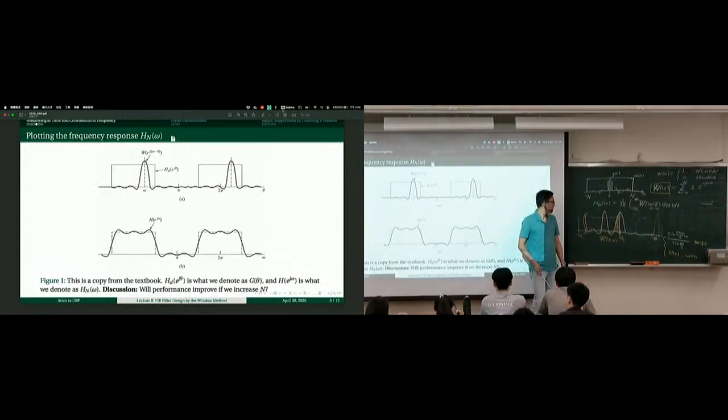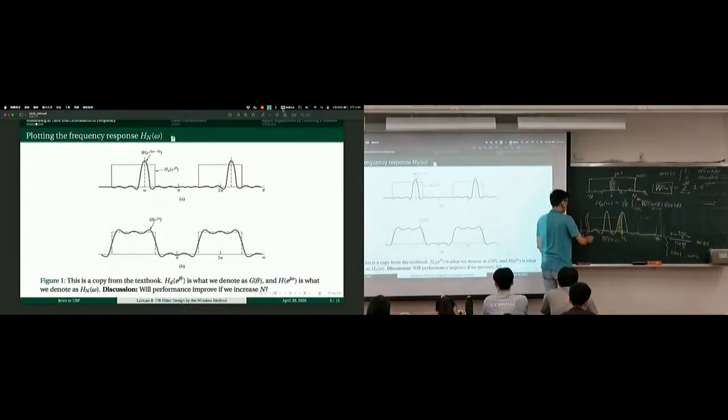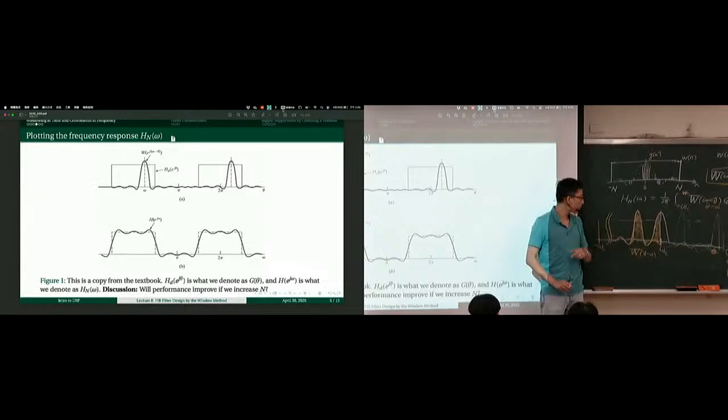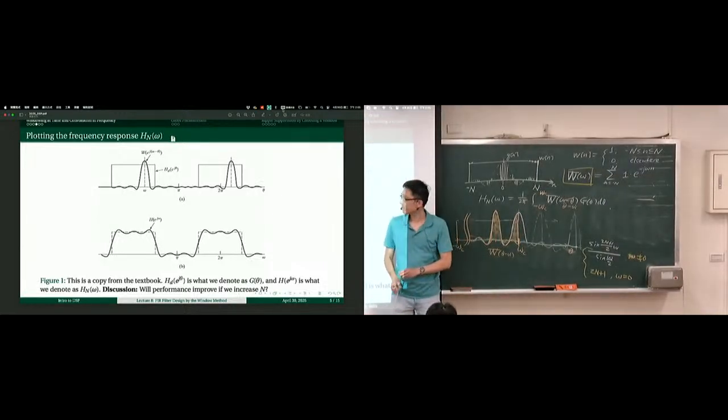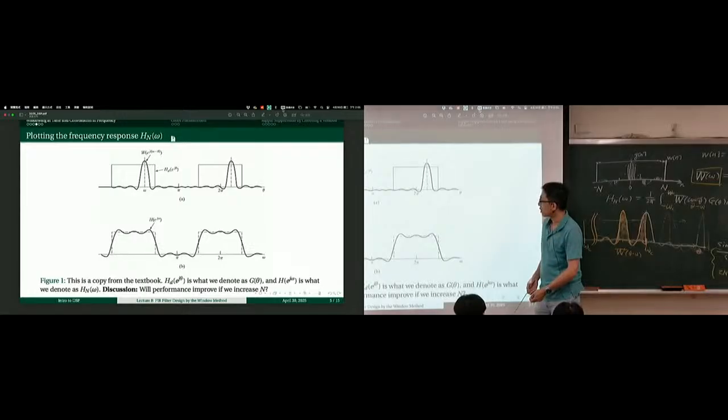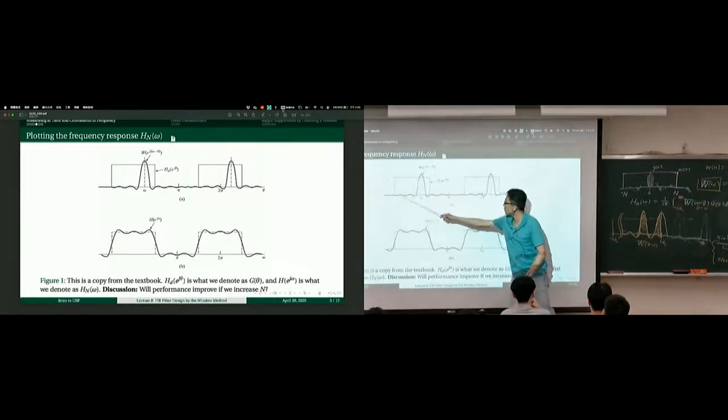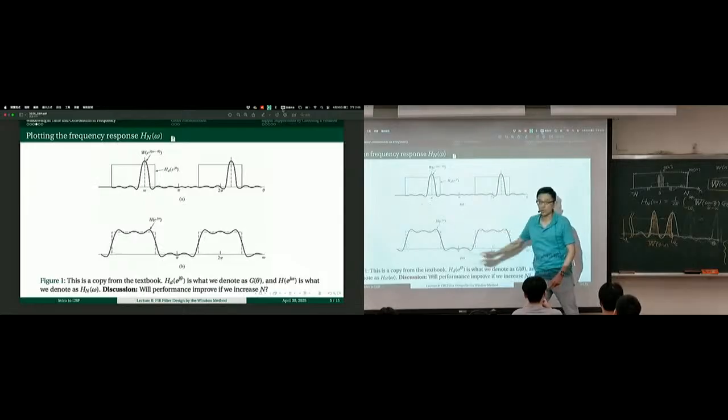And finally, imagine when omega is inside the passband, with the main lobe completely inside the passband. Then the area should be large, because the main positive part is inside the passband. It turns out that the total area from minus pi to pi, the entire period, you can prove, is 1.